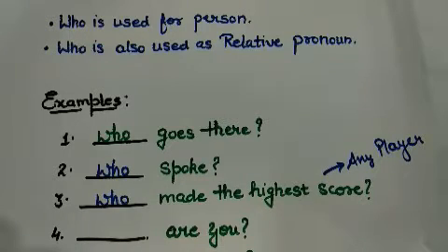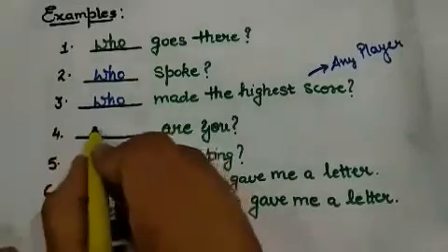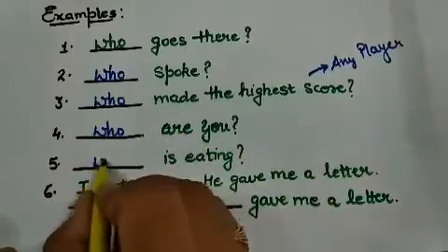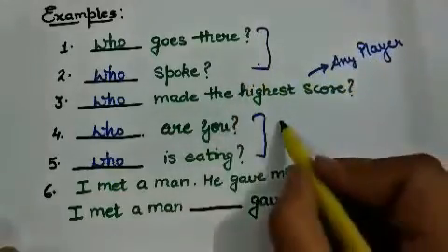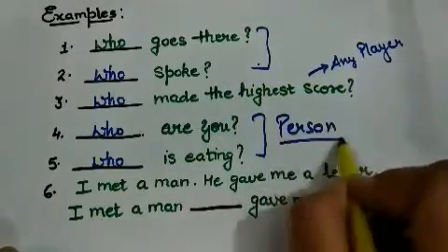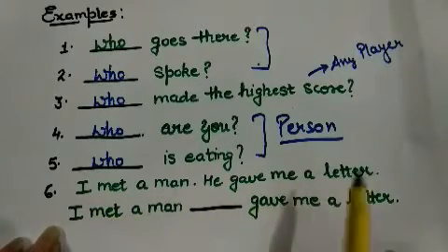The second area where we can use who is as a relative pronoun. That means when we relate any person with any happening or topic, we use who there also. Here I can write who are you and who is eating. In every sentence here I have talked about a person. Now see this: I met a man. He gave me a letter.